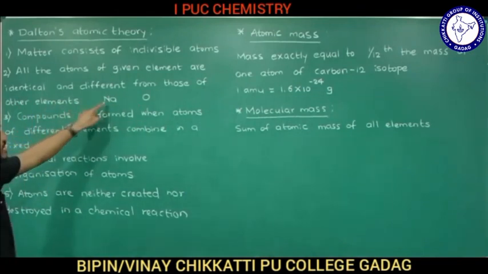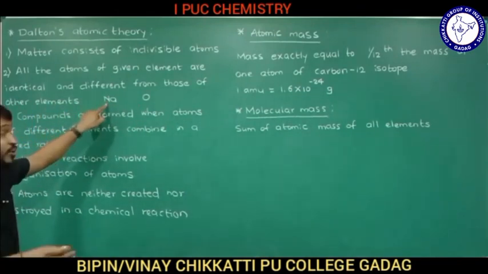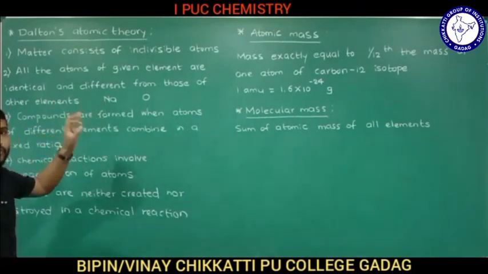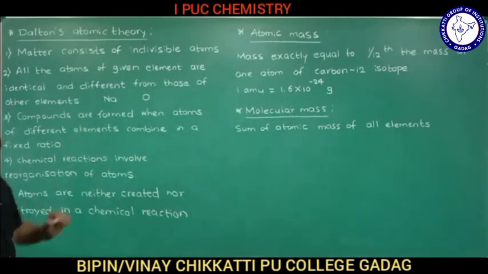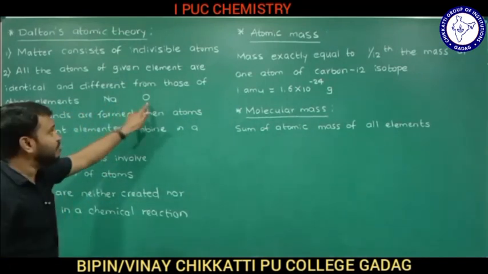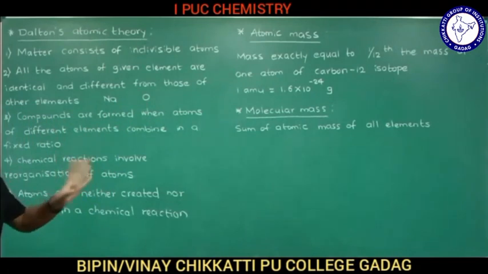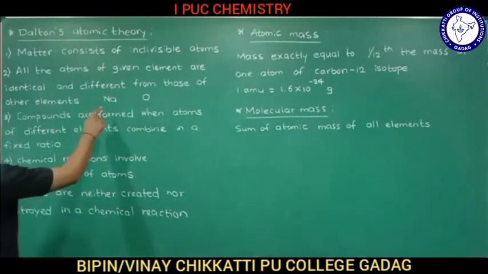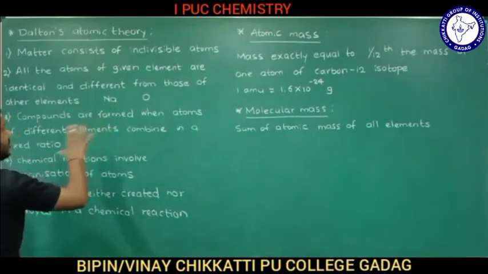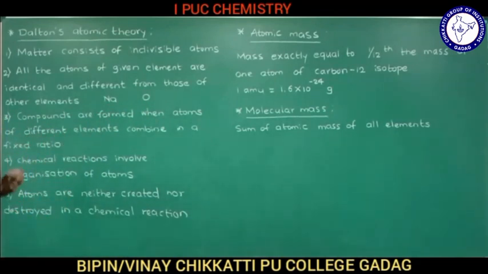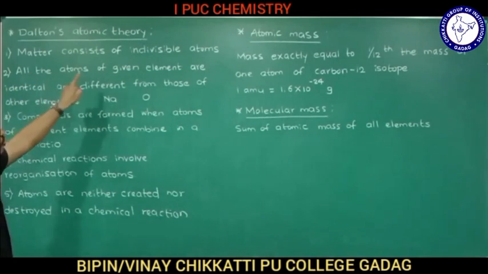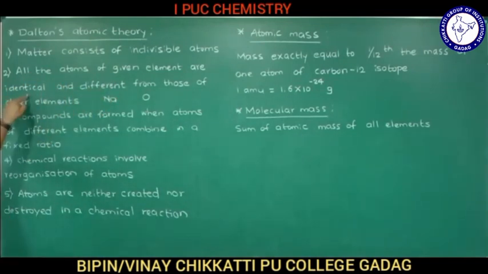Inside the element sodium we have sodium atoms only. Inside oxygen we have oxygen atoms only. All are the same, therefore I use the word identical. All the atoms of a given element are the same with respect to physical and chemical nature.